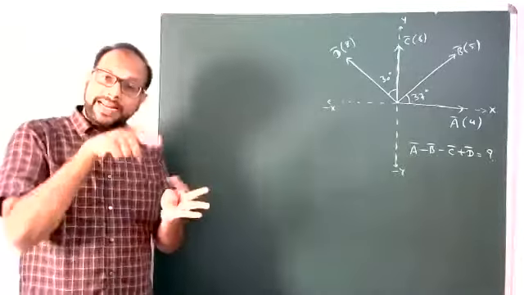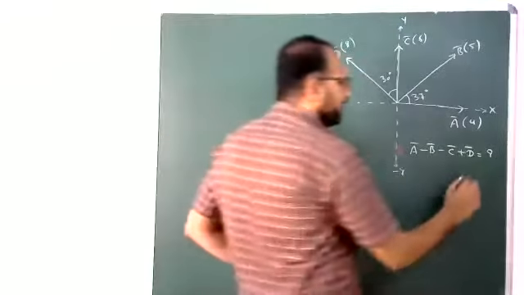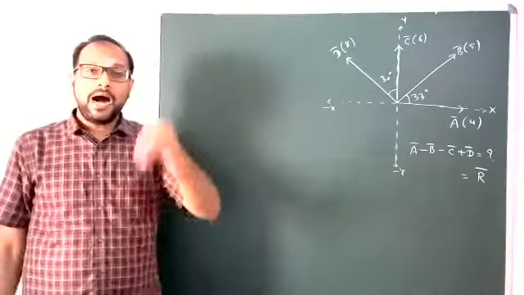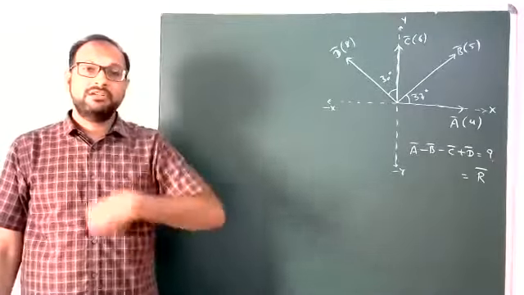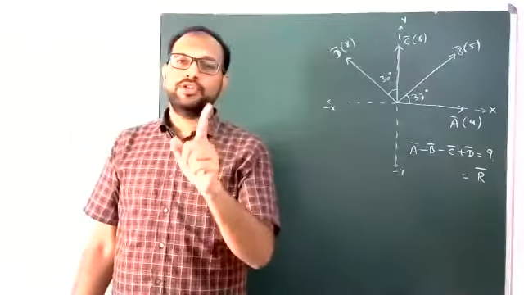A bar minus B bar minus C bar plus D bar equal to one more vector, R bar. That R bar's magnitude and direction is our target. Students, all know resolution of a vector.